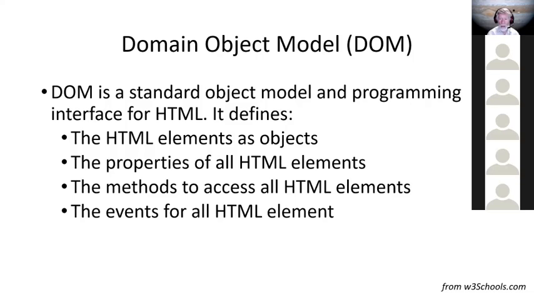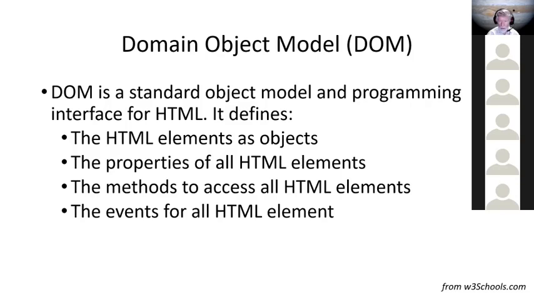JavaScript programs can go out there and do things with these objects. They can change them, add, remove them, and all that. So all these objects in your web page can be accessed from a JavaScript program.